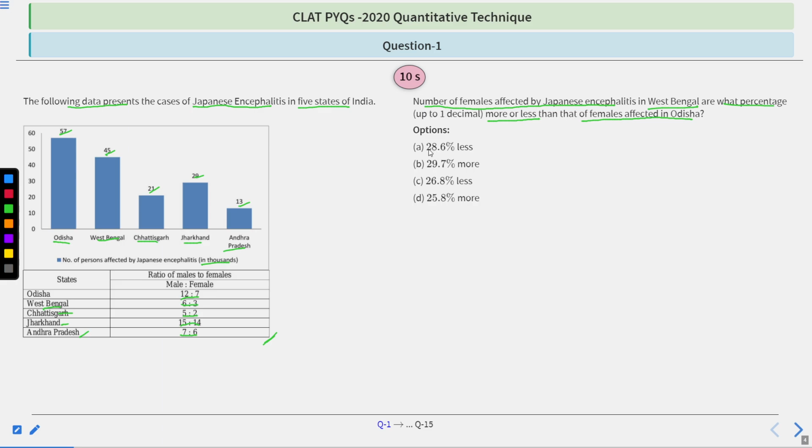Your options are 28.6% less, 29.7% more, 26.8% less, 25.8% more. You will have 10 seconds to try this question. After 10 seconds, we'll move towards its solution. So your time starts now.